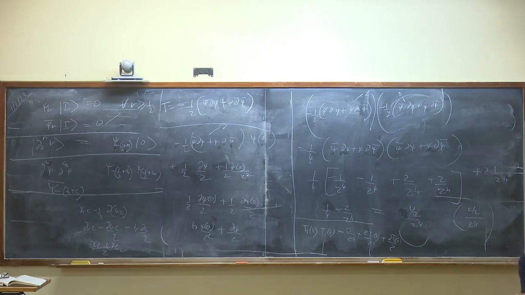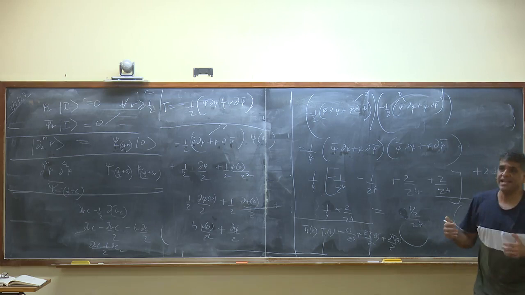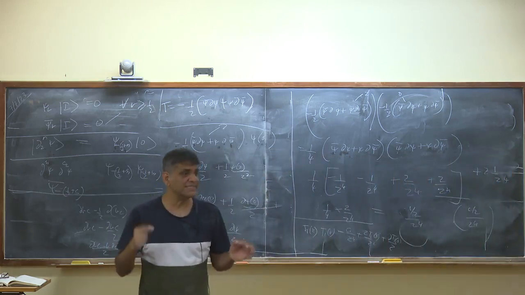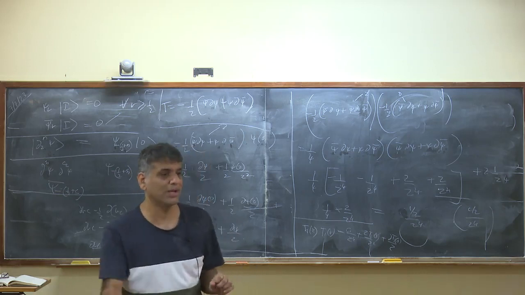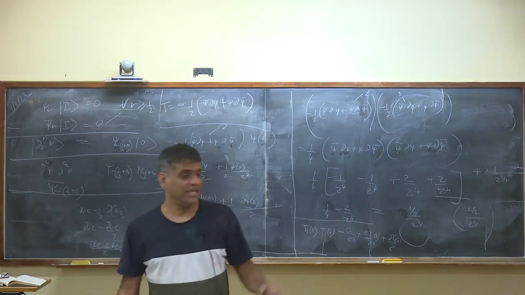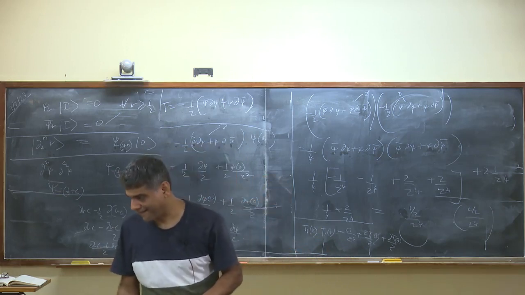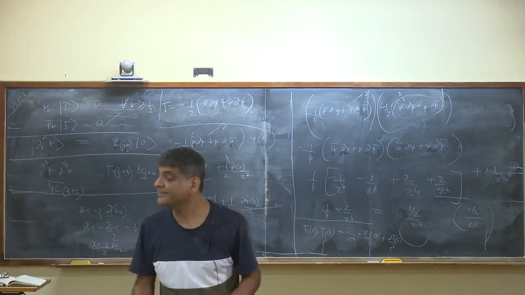The connection will be the following: in any conformal field theory, the operators that you include in your theory have to be mutually local. You cannot have two operators that have a branch cut as one goes around the other. And this will be the connection.